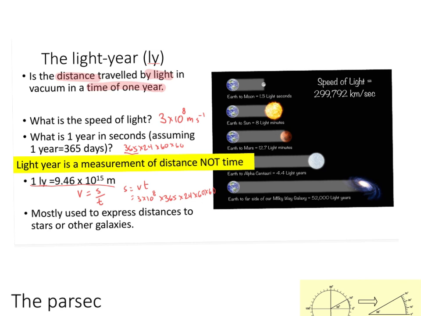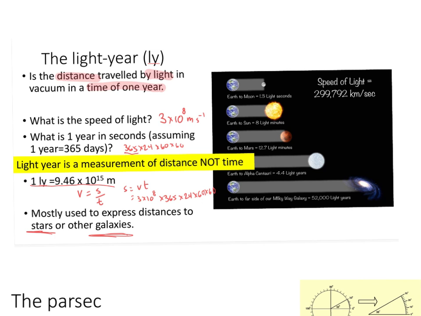This is given to you as 9.5 times 10 to the 15 meters in the formula booklet. You don't have to memorize it, but you need to know that a light year is a measurement of distance and not time. It's easy to work out because if you know speed and time, you know how to calculate distance. This is used mostly to express distances to stars or other galaxies.